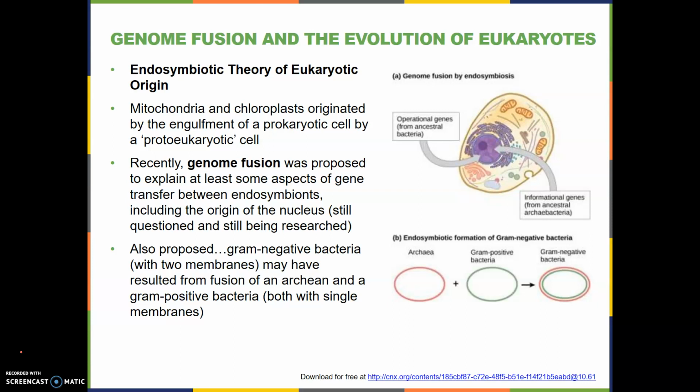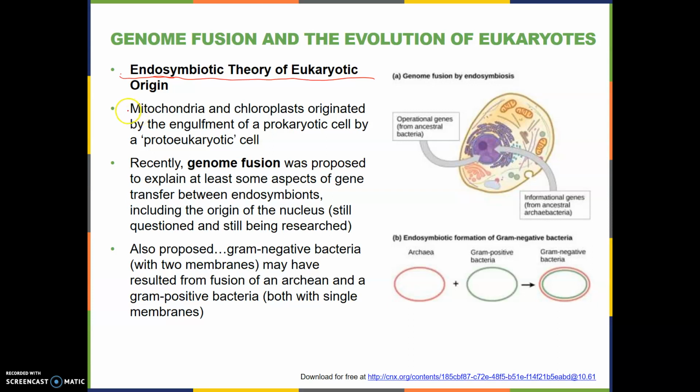So this is the theory of how eukaryotic cells originated. Well, there are several theories, but one is that we know that eukaryotic cells are different from prokaryotic because they have a nucleus and they have membrane-bound organelles.